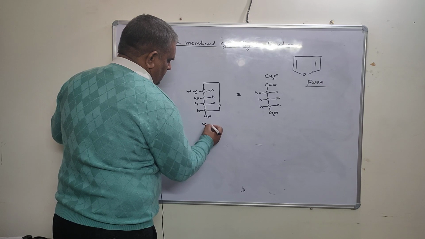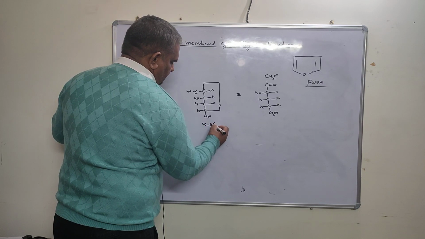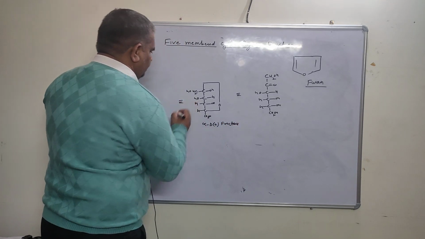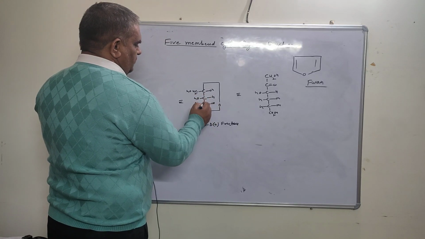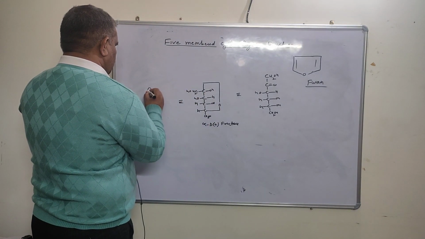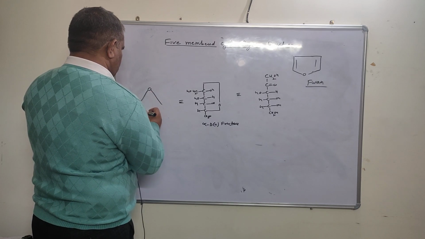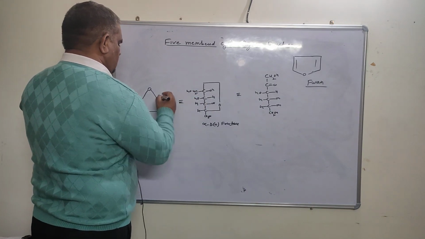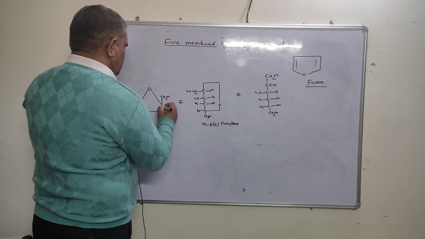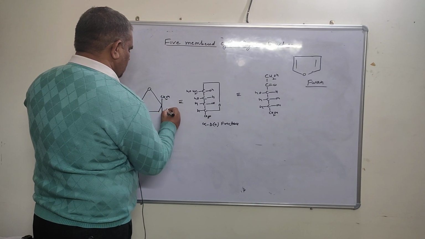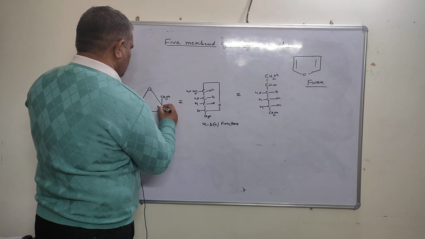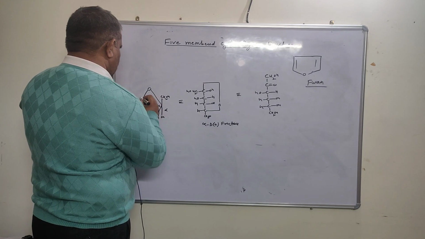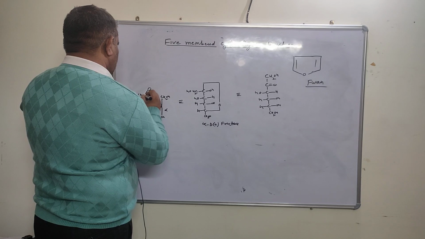alpha D fructose। तो Haworth projection formula, the 5 membered ring 1 2 3 4 5, this furan, this oxygen, this OH, this is the alpha, CH2OH, and OH नीचे, this is alpha, थर्ड कार्बन पे OH ऊपर, H, H, OH, H, CH2OH.